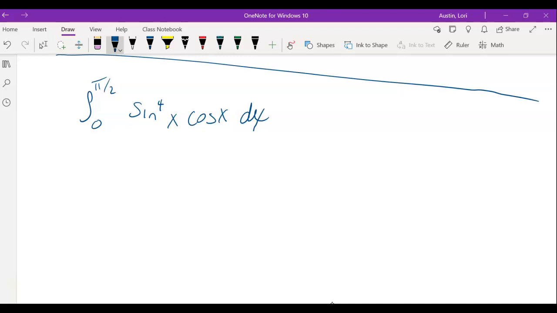Now, here's the hard part. Which of those is your inner function? Your inner function cannot be cosine x, because cosine x is not inside anything else. I want everyone to understand that first. Your inner function cannot be cosine x, because that's just a function. It's not inside another function. What's your inner function?